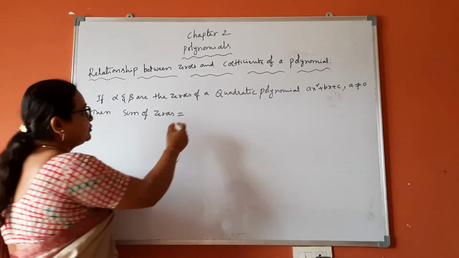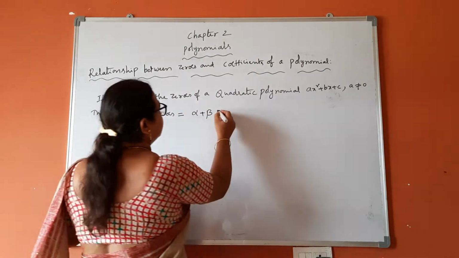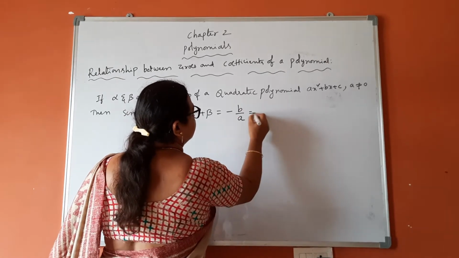So the sum of zeros, alpha plus beta, is minus b by a.